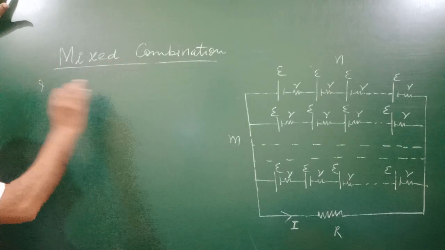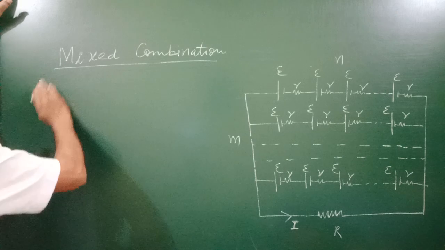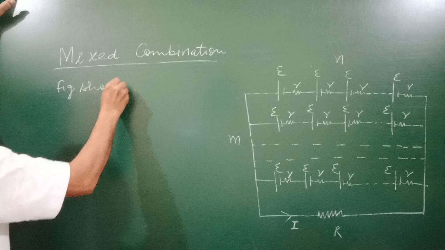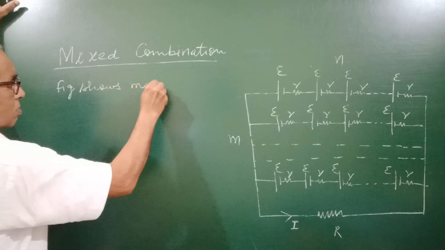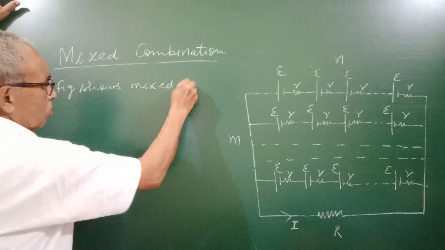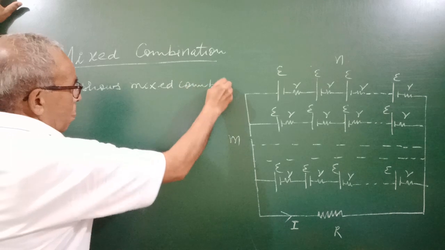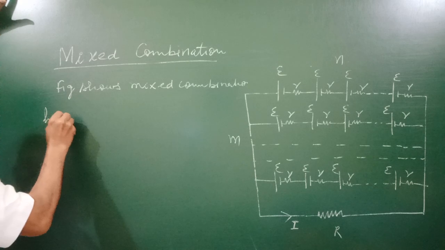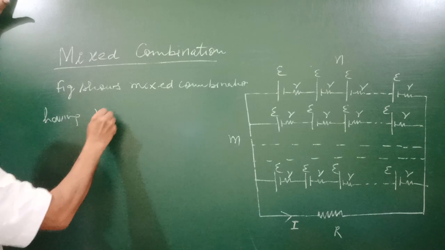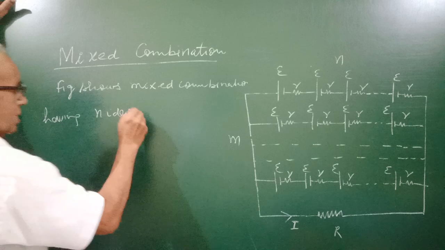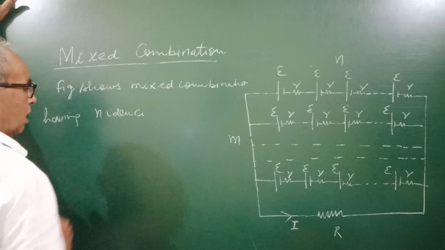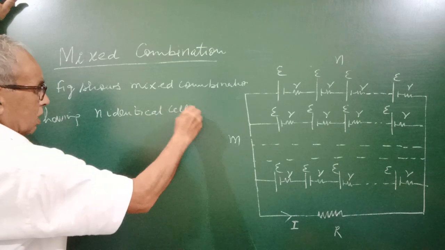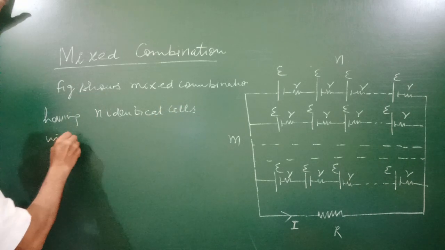In the figure, I think there is no need to write, the simple figure shows a mixed combination of cells, having n identical cells in each row.